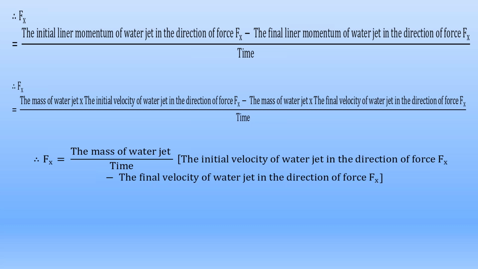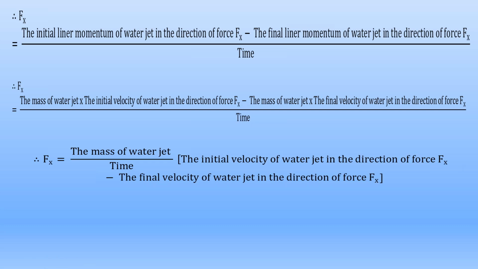Since the final velocity v is in the vertical direction and force Fx is horizontal, the component of the final velocity of the water jet in the direction of force Fx is 0. On the right hand side, the initial velocity of the water jet in the direction of force Fx is v, because the initial velocity is in the direction of the force Fx.